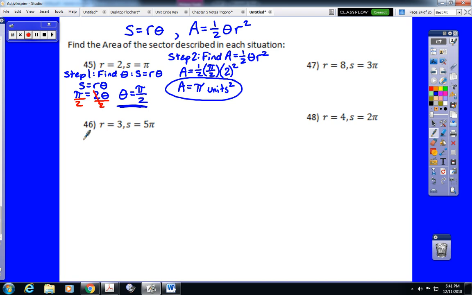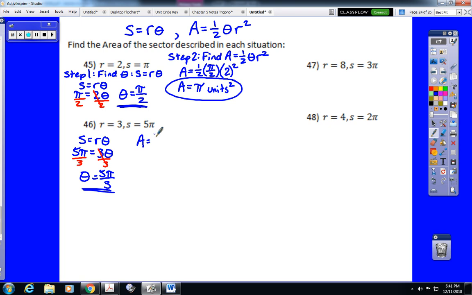Alright, so on the next one here, S equals R theta, which means 5 pi equals 3 theta. Divide by 3. Theta is 5 pi over 3. Okay, we're solving for theta. Then we turn around and we find the area of the sector.